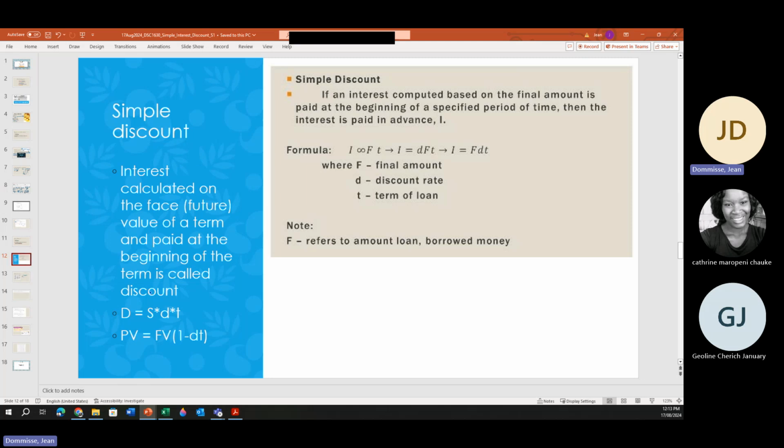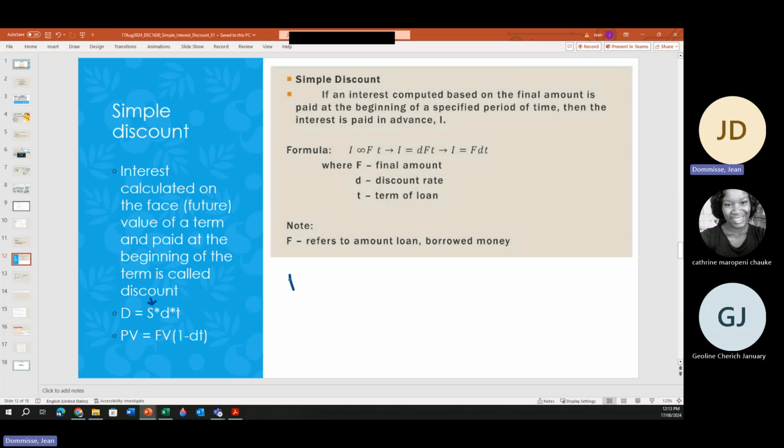So like the interest, if we need to work out the interest that you need to pay on the deposit, there's the same formula for discount. So the discount, the only difference is now it will be the future value multiplied by the discount multiplied by the term.